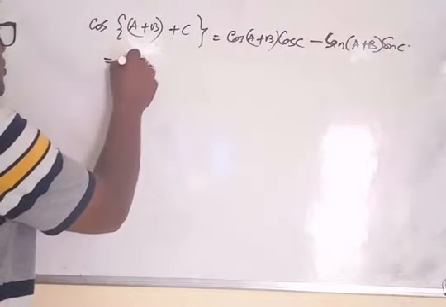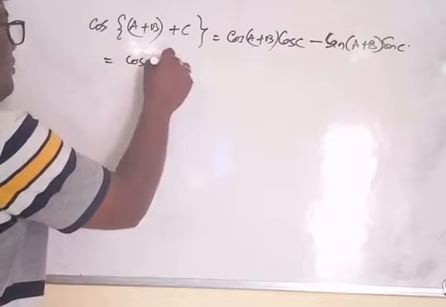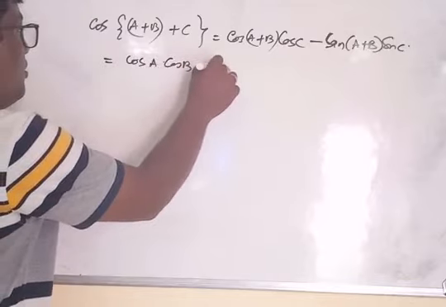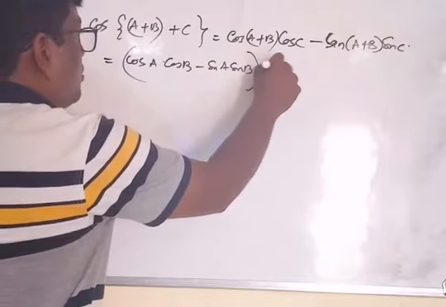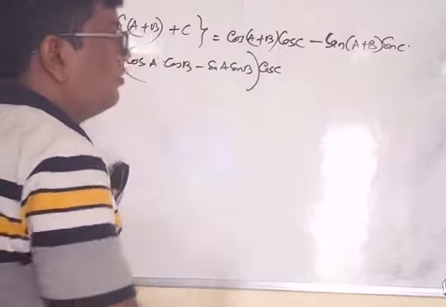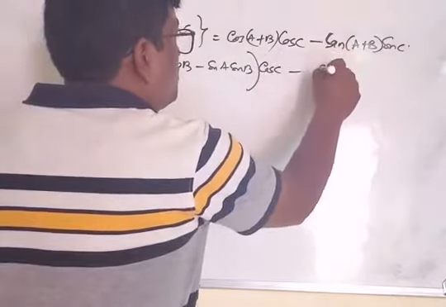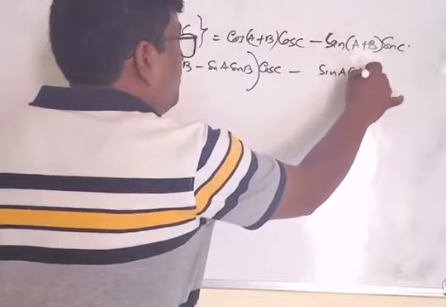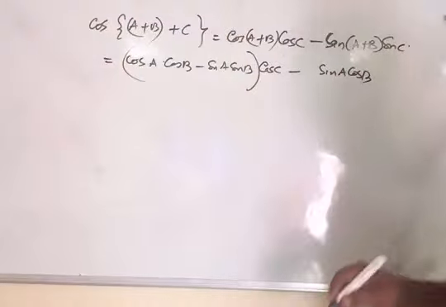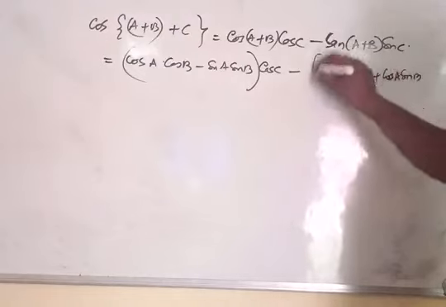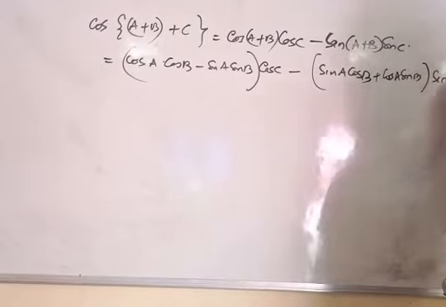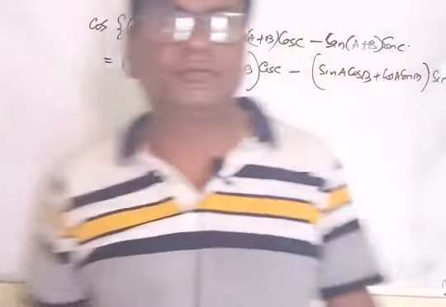This is equal to cos a cos b minus sin a sin b, whole into cos c. And sin a plus b is sin a cos b plus cos a sin b, whole into sin c. Apply this formula.